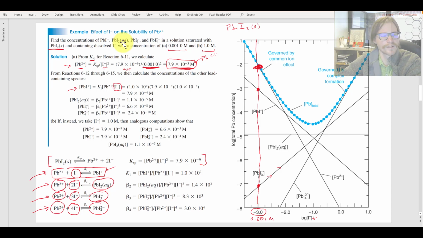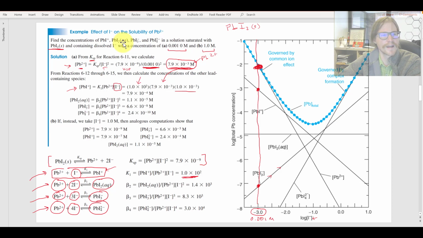So now that we have both the lead and the iodide, we can compute then what the equilibrium concentration for each of the complexes would be. And that's what this first step is. So we take the lead concentration, we toss that in right there. We take the iodide concentration, we toss it in there, and we use the first K1, which is the 1.0 times 10 to the second, which just comes from down here.